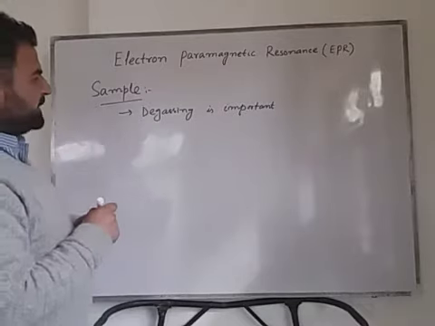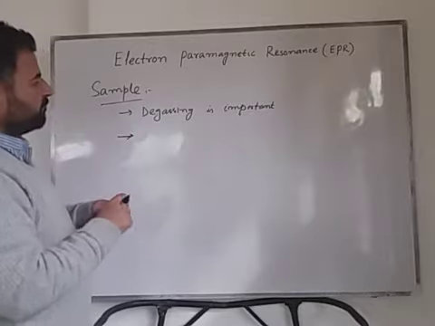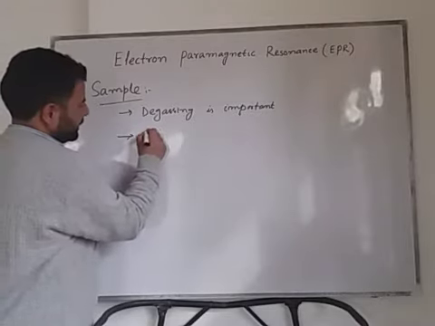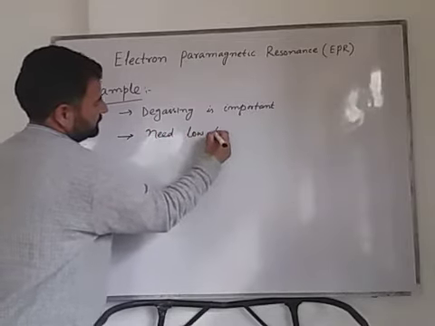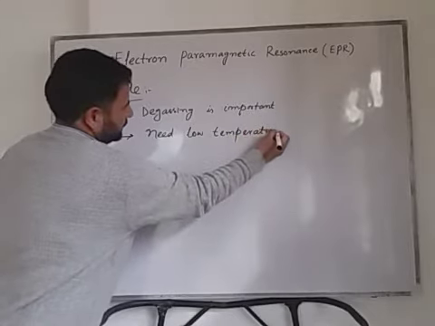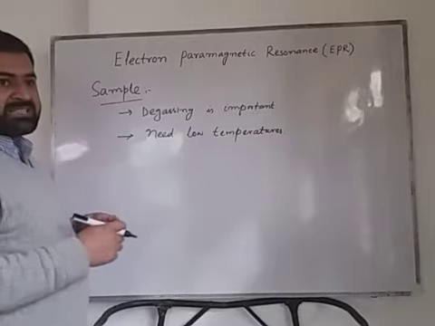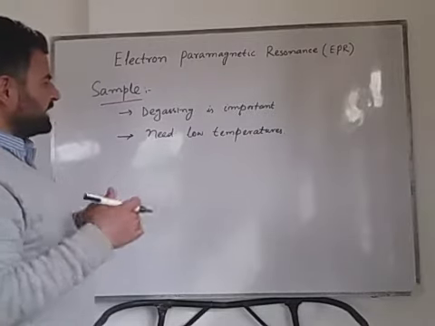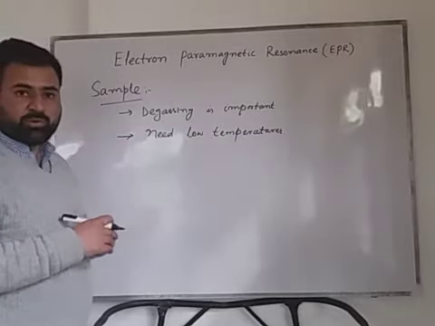One more thing is that sometimes we need low temperatures. That means the sample is not stable at high temperature, so we need to do the analysis at a lower temperature.